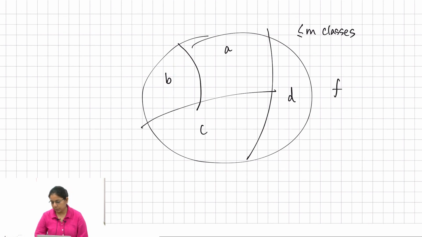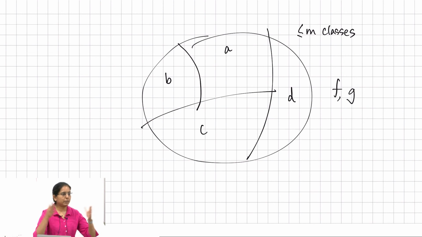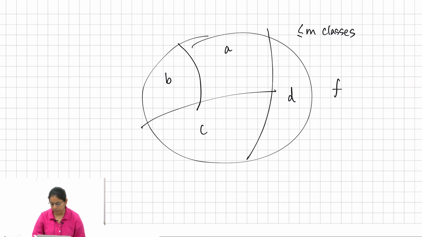So if you give me two mechanisms, let's say F and G, the distance between these two mechanisms is the number of profiles on which F and G report a different winner, okay? That is their disagreement distance. So let's say that we have F which comes up with this partition, and let's say we have G that comes up with, maybe it's exactly the same here.